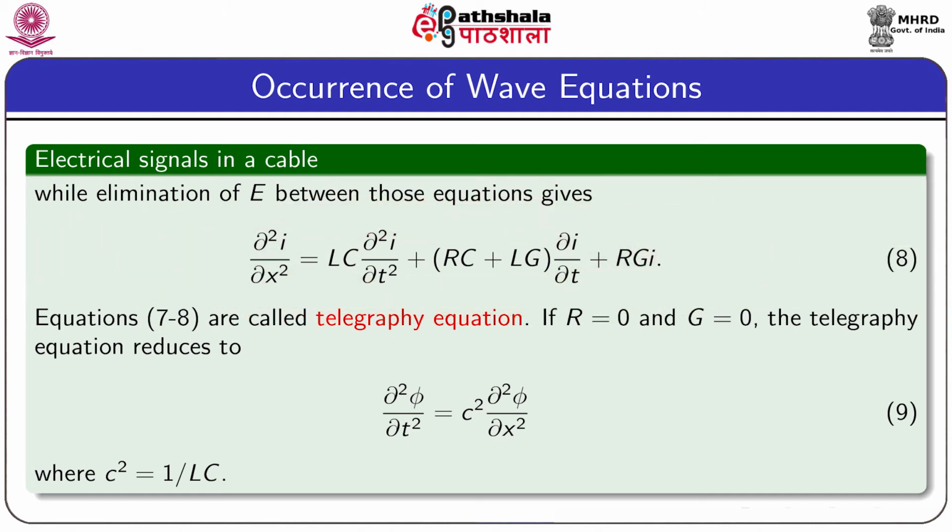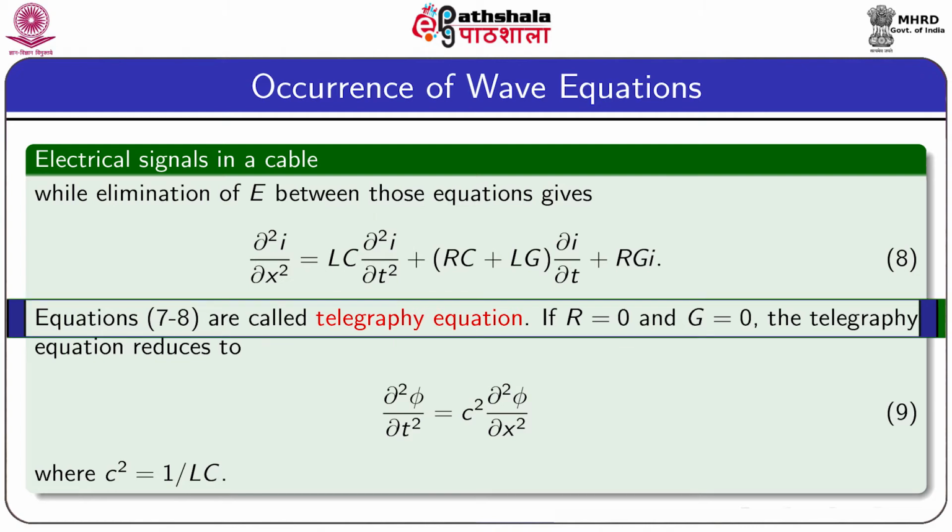So, if we observe equation 7 and equation 8, both E and I satisfy a particular equation, and that equation is known as the telegraphy equation.